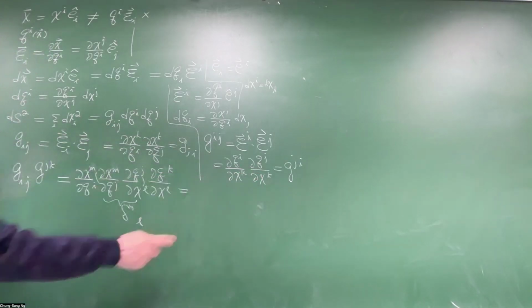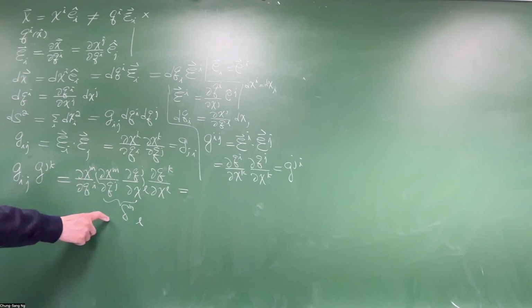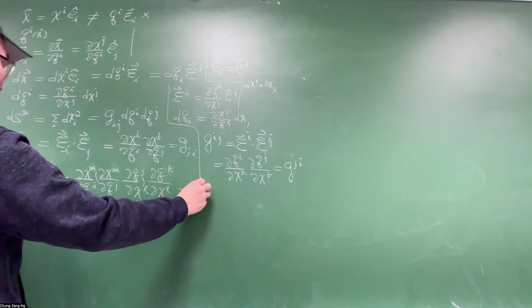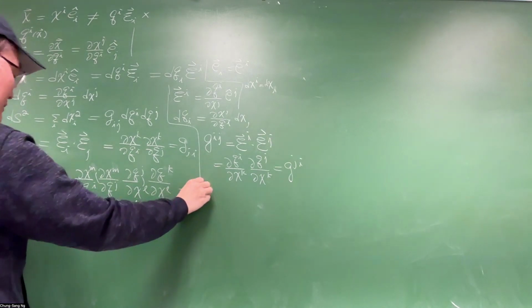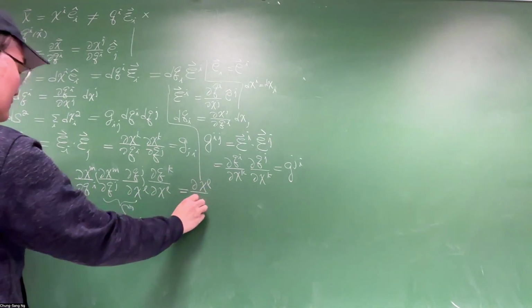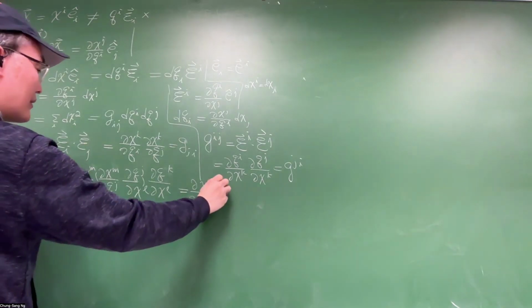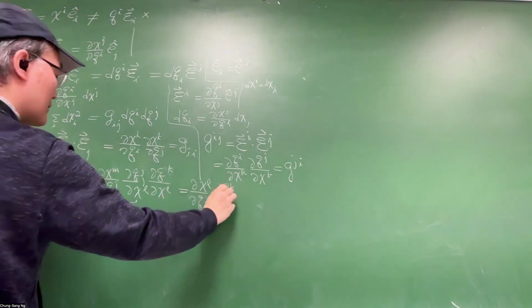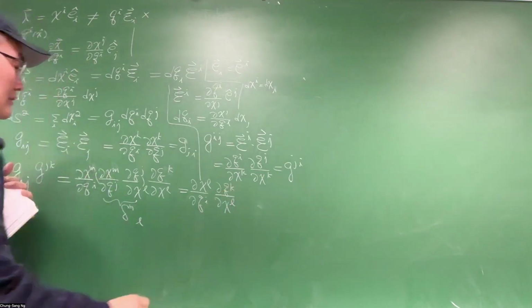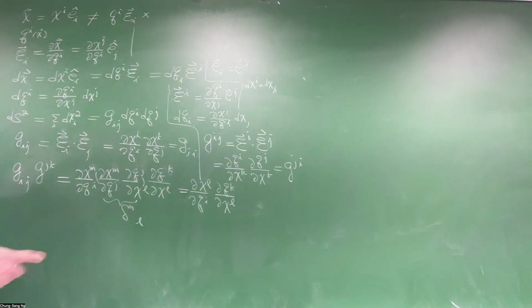This is superscript, this is subscript. Now this sums over this m. Oh, this becomes a partial xl, qi and partial qk, partial xl. Right, now you sum over l.